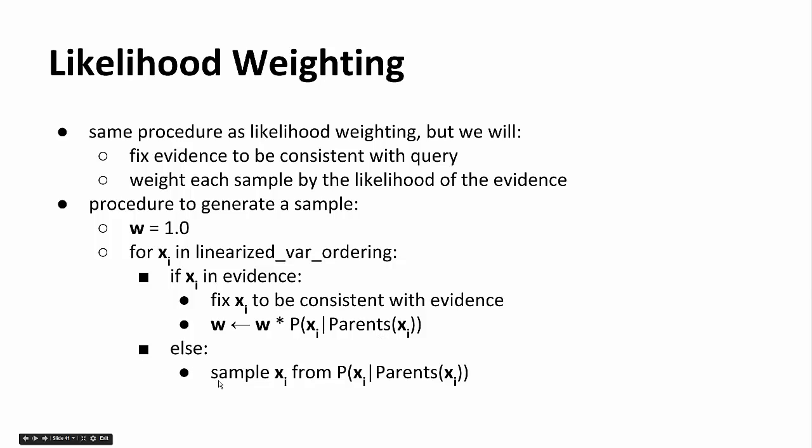Otherwise, if x is not an evidence variable, we'll just sample it normally. Okay, so at the end of this, we'll have generated a sample and an associated weight to that sample. Okay, and that weight basically tells us the likelihood that we would have generated the sample naturally. And with this weight, we then don't have to reject any samples, so none of our work goes to waste.